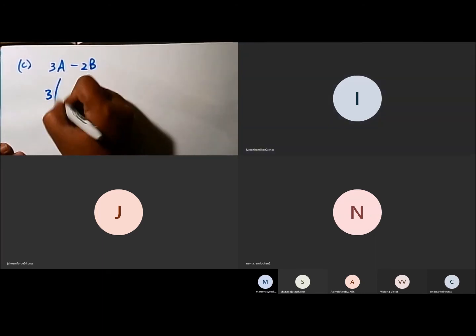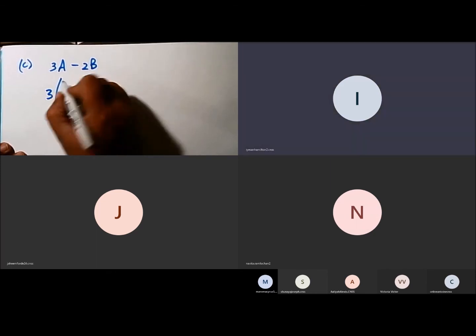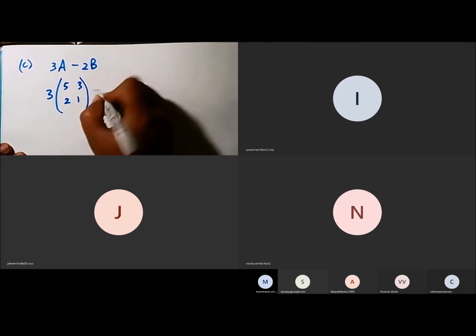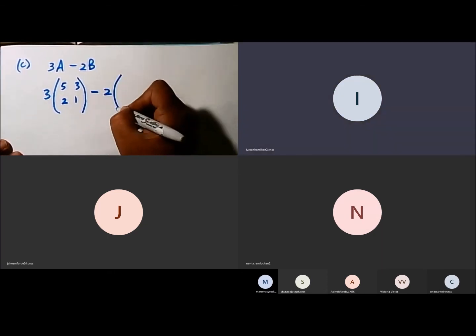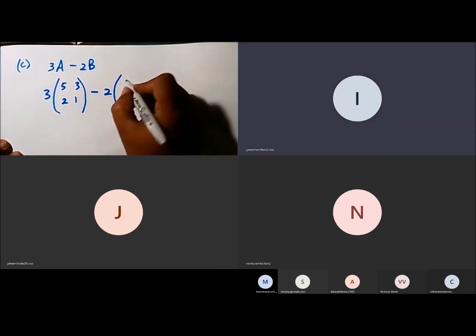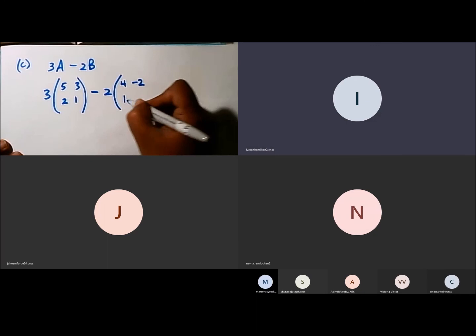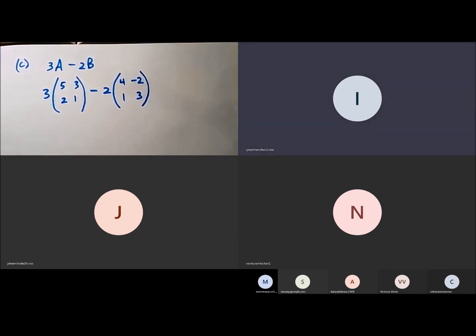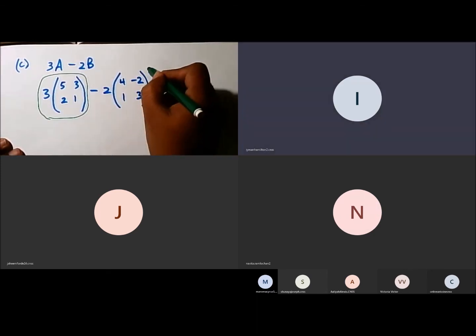3A. 3 times A is 5, 3, 2, 1, minus 2B. And B was 4, minus 2, 1, 3. Good. We work out this piece and come down with it.